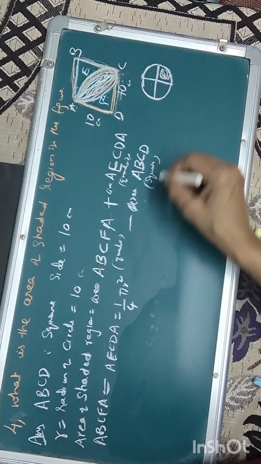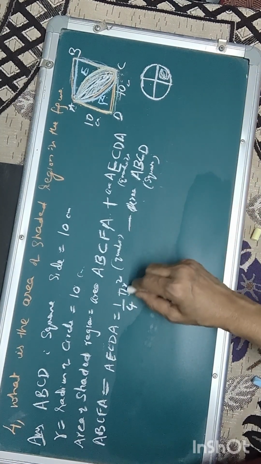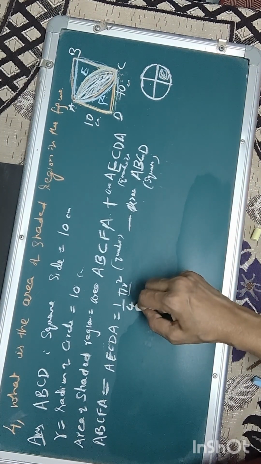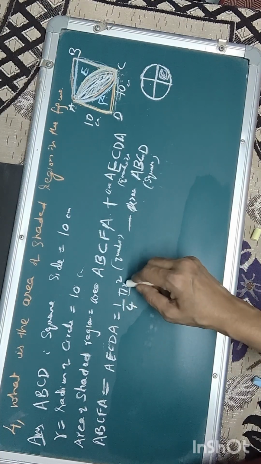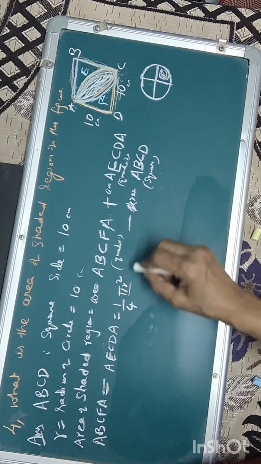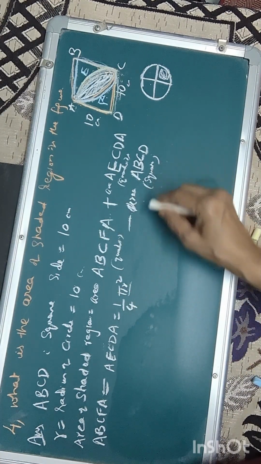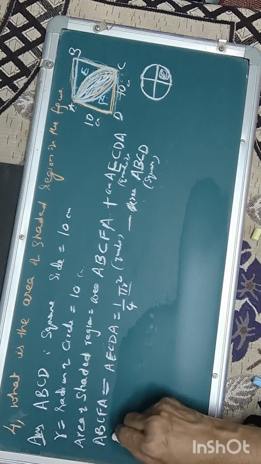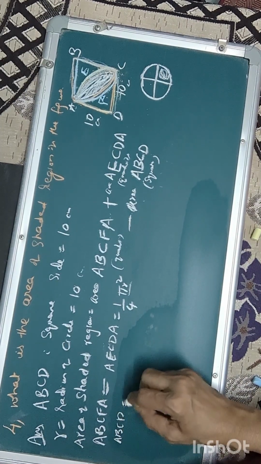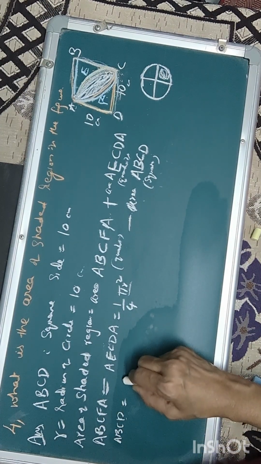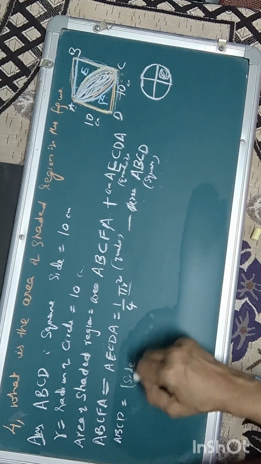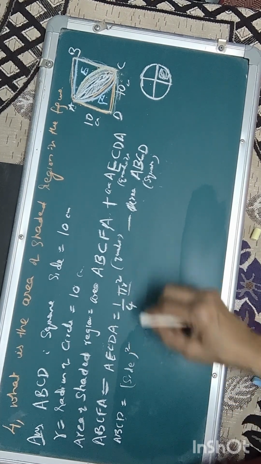The 1/4 of the pi r square is the area of the circle. The 1/4 quadrant means 1/4 part, 1/4 into pi r square. And area of square ABCD is equal to side square.